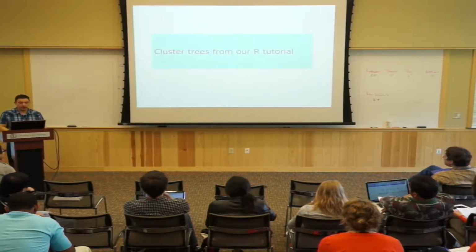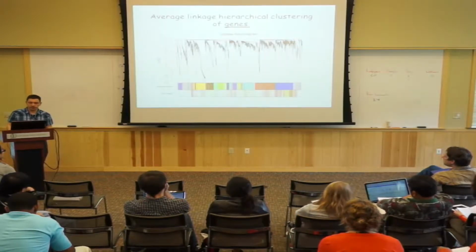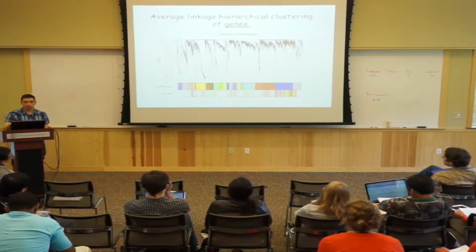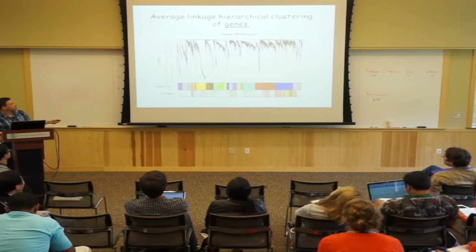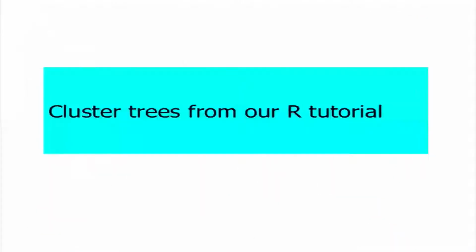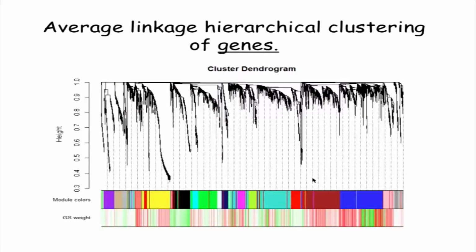All right, so how do we create cluster trees in our R tutorials, which I will present later today? So this is a hierarchical cluster tree of, I want to say, 4,000 genes. And notice suddenly the tree looks nasty.